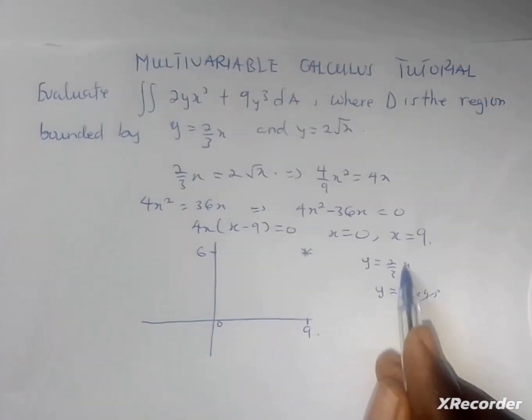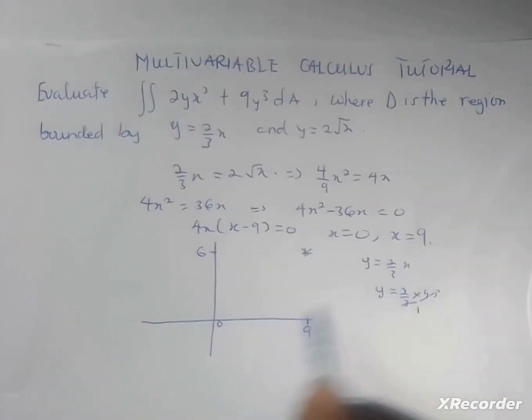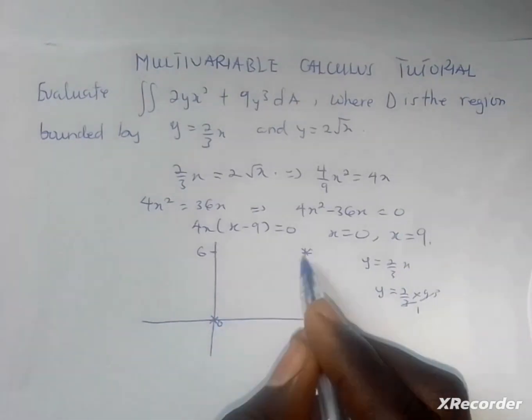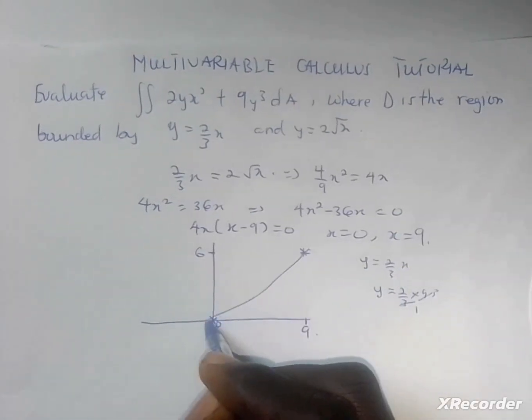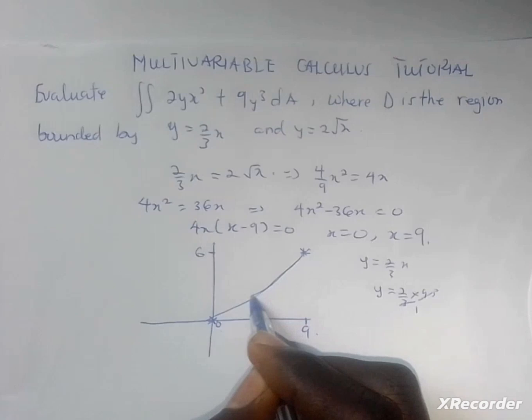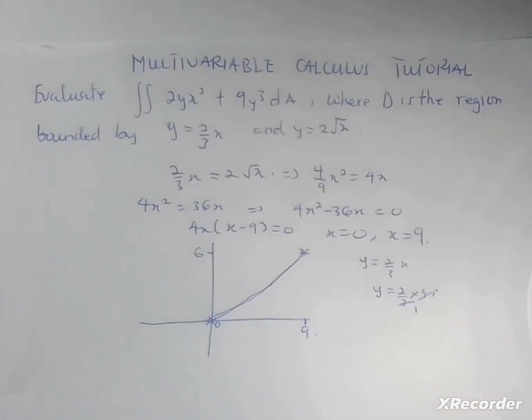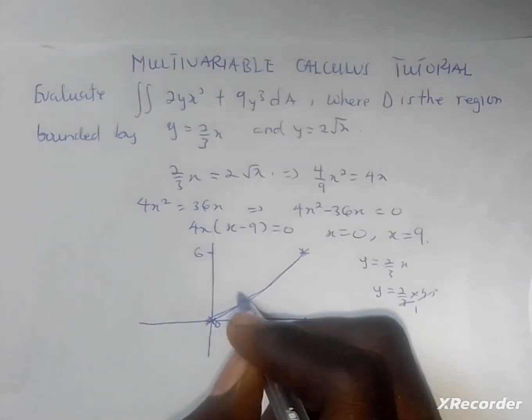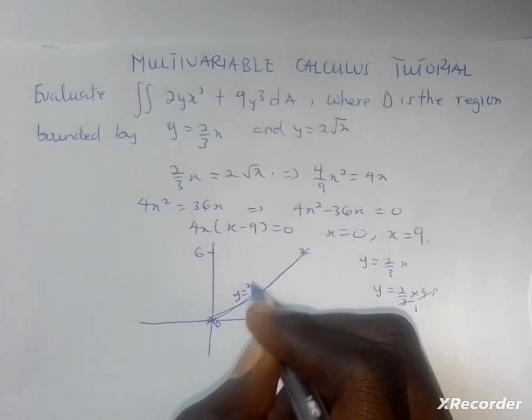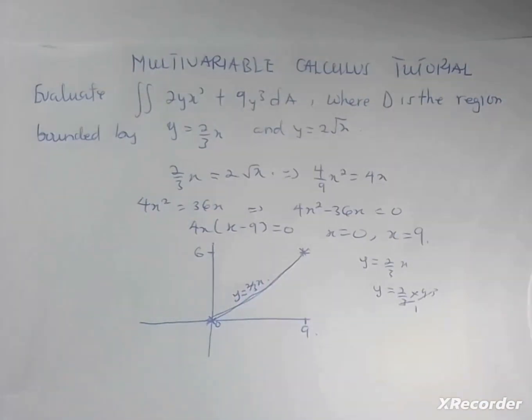And when x is 0, y will also be 0, meaning the other point will fall here, and I will join this smoothly. So this is a straight line passing through the origin. So we write the equation y is equal to 2 over 3x.